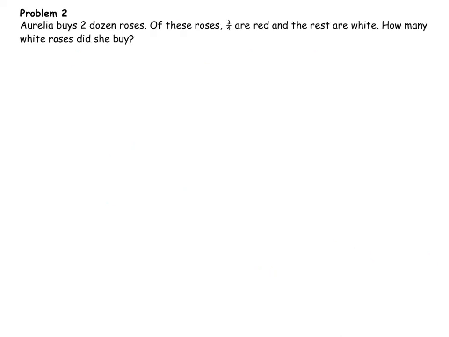Problem number 2. Aurelia buys 2 dozen roses. Of these roses, 3/4 are red and the rest are white. How many white roses did she buy? Well, first I need to know how much is 2 dozen roses. Well, a dozen is 12, so 2 times 12 is 24.